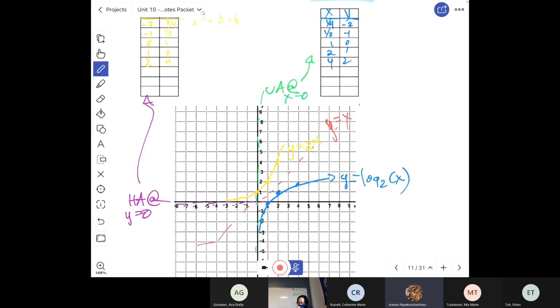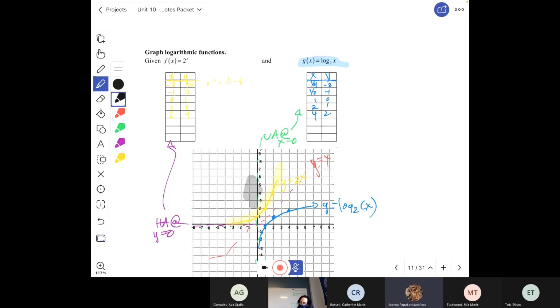If I take the original exponential function and shift it up, I would be adding a number here, right? If I were to reflect that vertically shifted up exponential function, what do you think it's going to do to the inverse? What is it going to do to this logarithmic function?